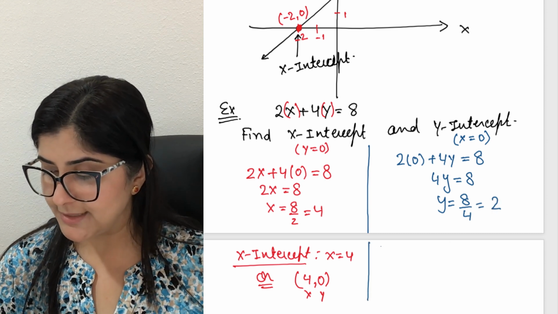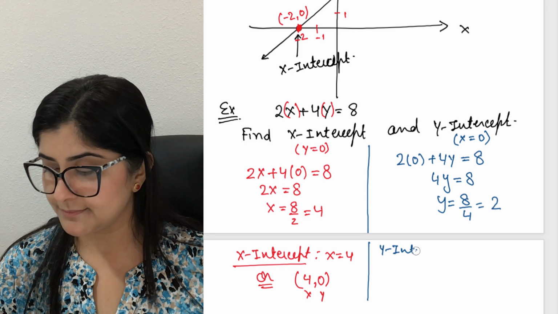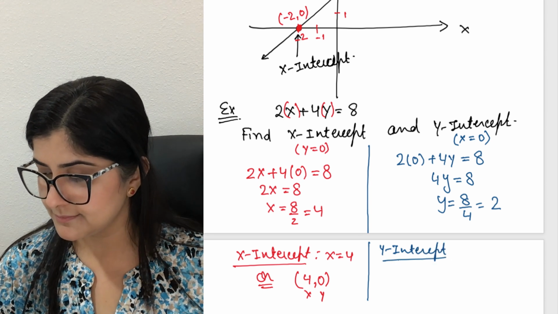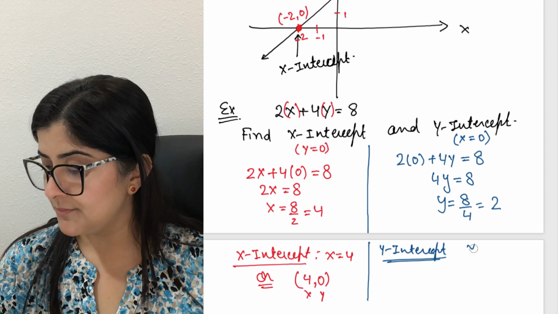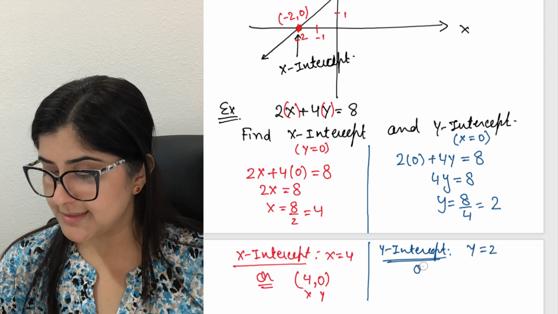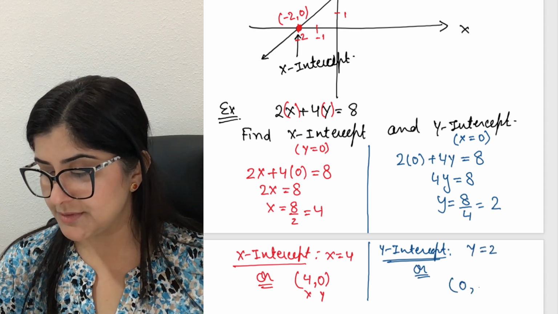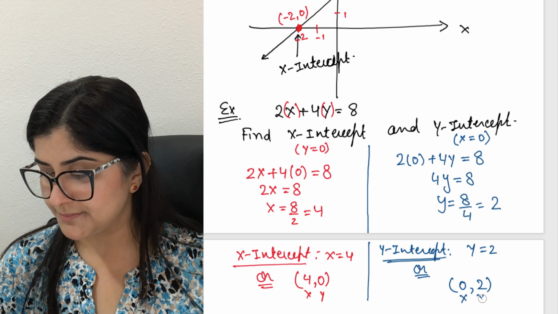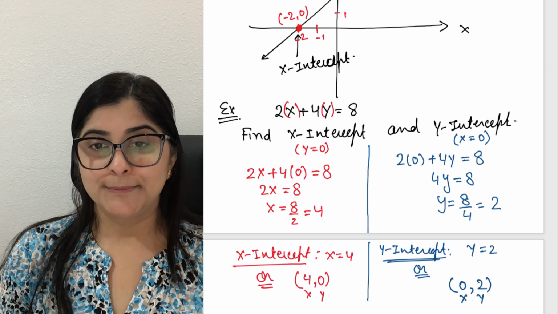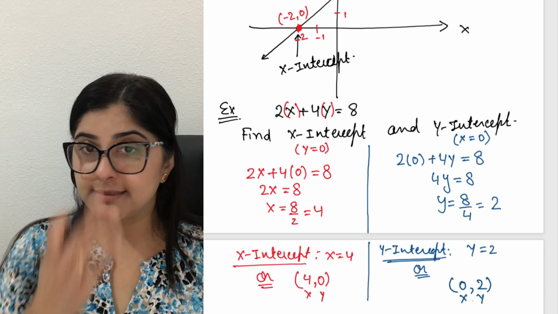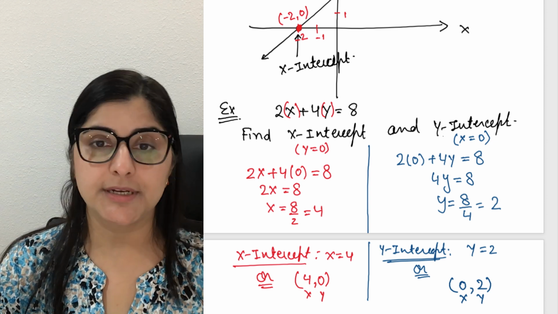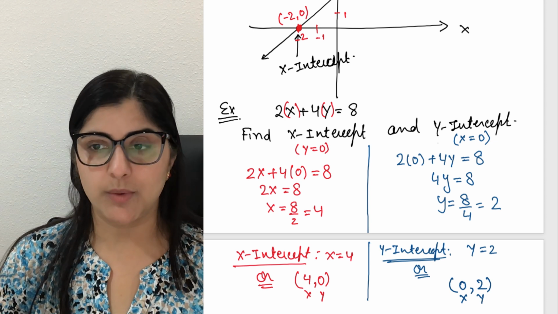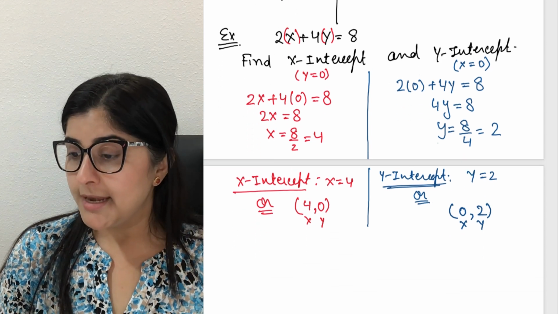So we will say that the y-intercept is y is 2, or you can say the y-intercept is (0, 2), x value 0, y value 2. So this is how we find the x-intercept and y-intercept algebraically, and graphically, that means where the line crosses the x-axis and y-axis.